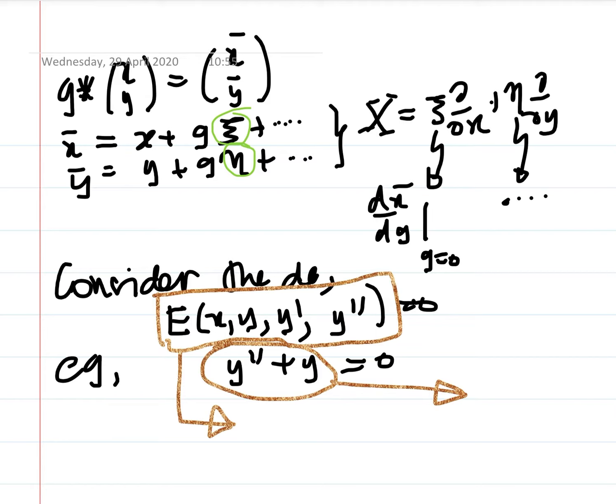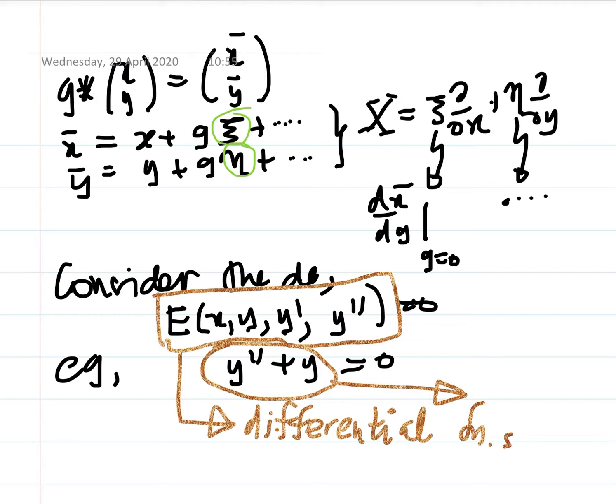We'll call these functions on the left hand side differential functions, seeing that they may contain the derivatives of the variable y with respect to the independent variable x. So essentially we're going to look at the invariance of these functions. When these functions are put equal to 0, we will look at the invariance of the differential equation.